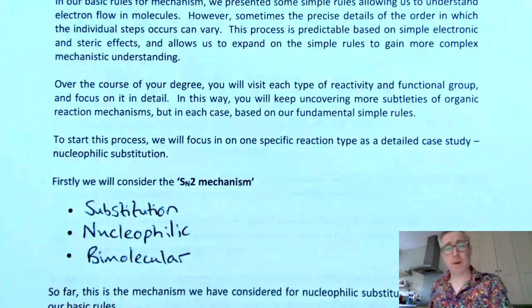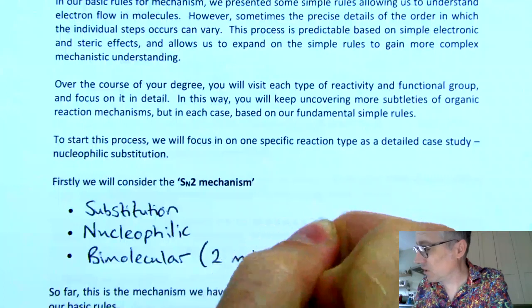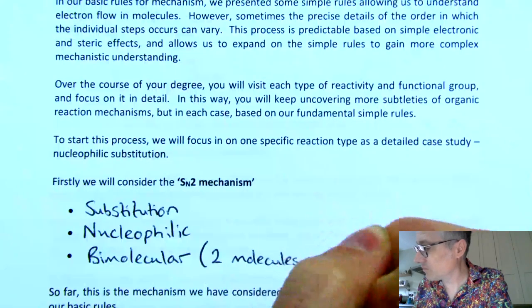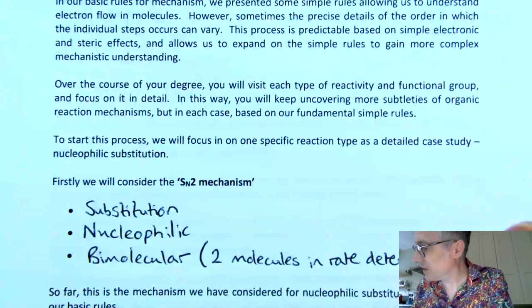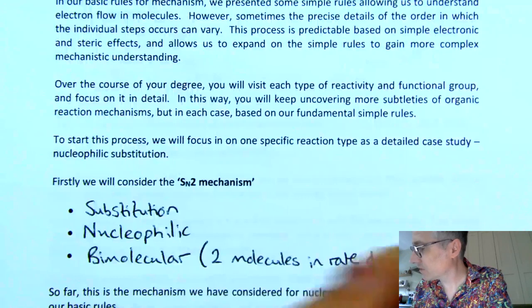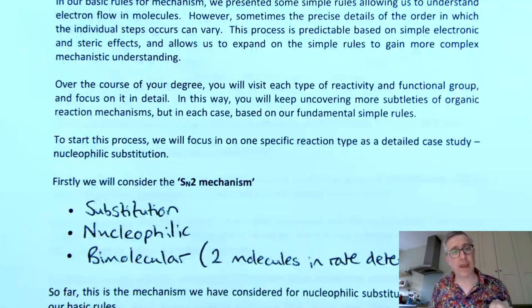And what does bimolecular mean? It means there are two molecules in the rate determining step. Two molecules in the rate determining step.